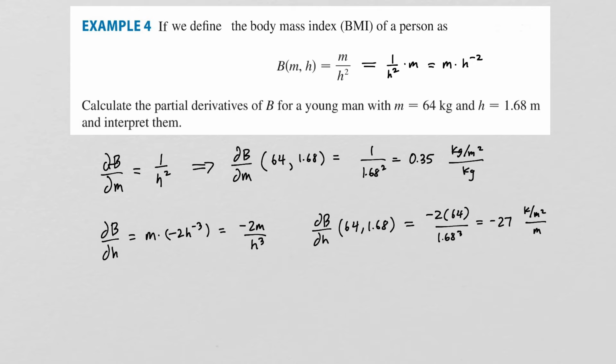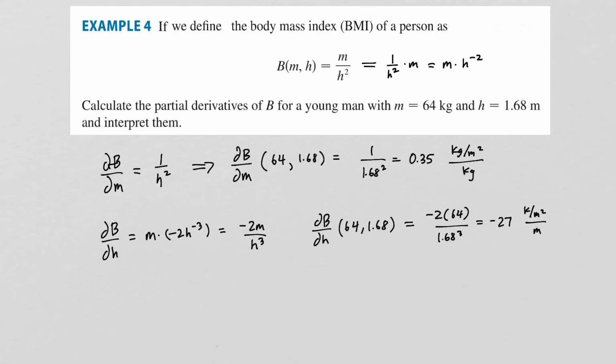Well, this means if we hold the mass constant, so if the weight or mass of a person does not change, for every 1 meter change in the height, the body mass index is going to be reduced by 27 points.